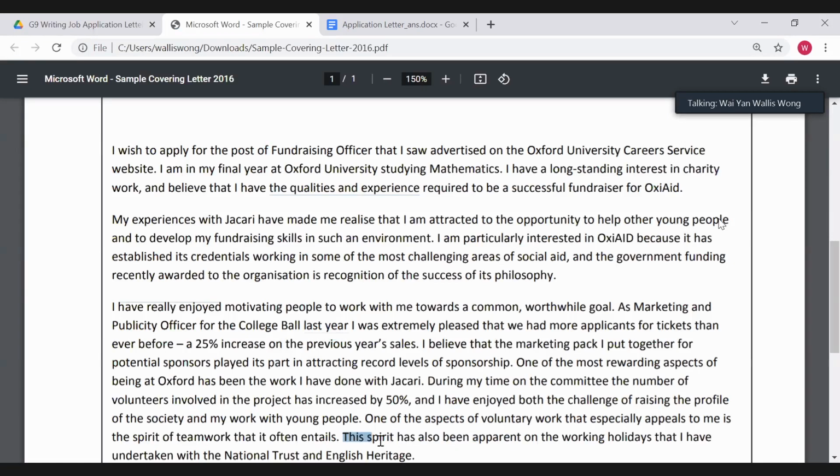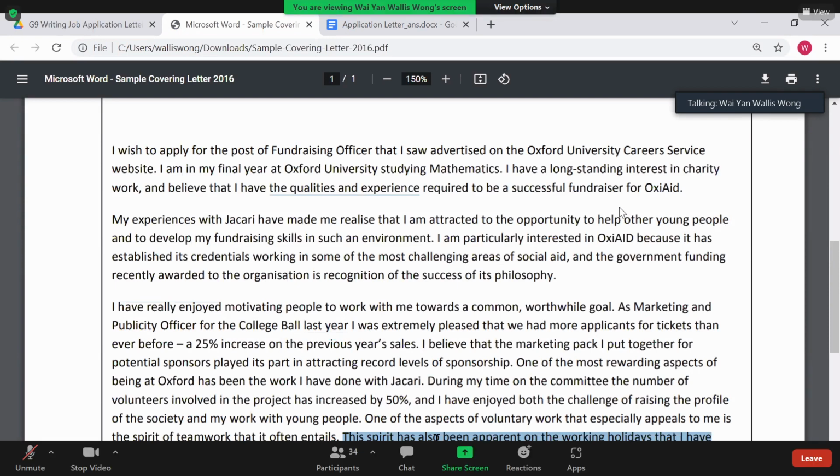Okay, so still, the voluntary work, that experience still has the influence on him, from the past to now, or maybe he is still in the team, I'm not sure.